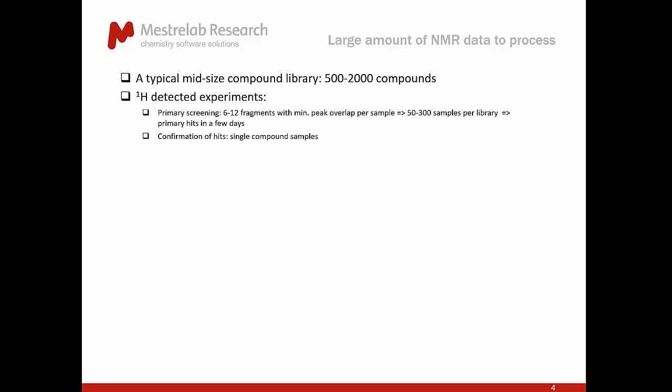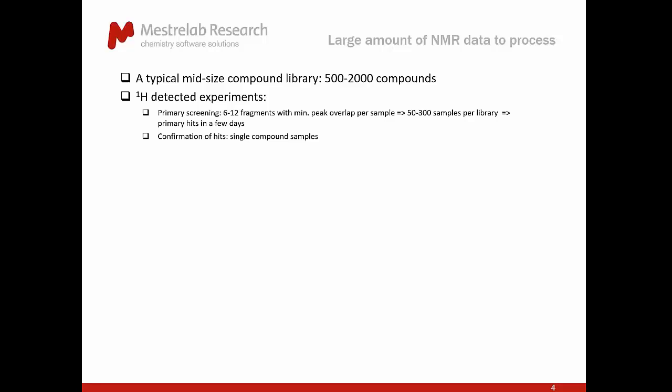The proton detect experiments usually would take 6 to 12 fragments in each mixture to save experimental time. For a medium-sized library, that could be 50 to 300 samples. And for the primary hits, it usually takes a few days to acquire the data and do the manual analysis.